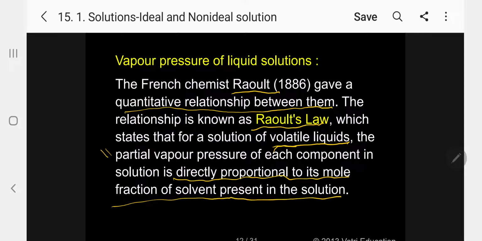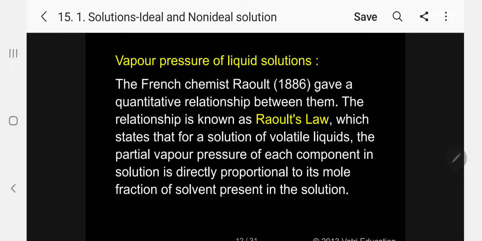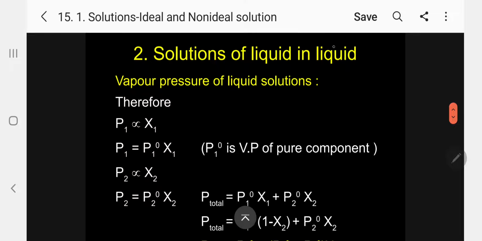Please follow. Vapor pressure of each component in solution is directly proportional to its mole fraction present in the solution. This is the most important point of Raoult's law. Okay. So let me take a specific case.